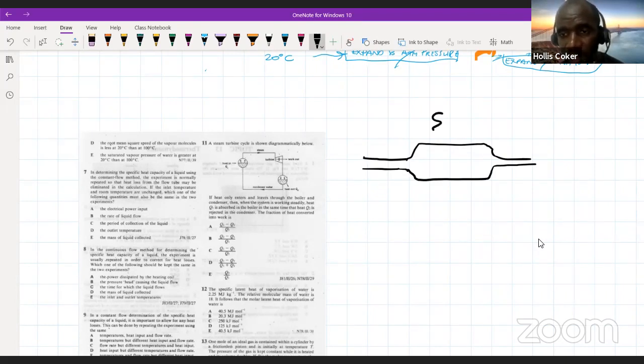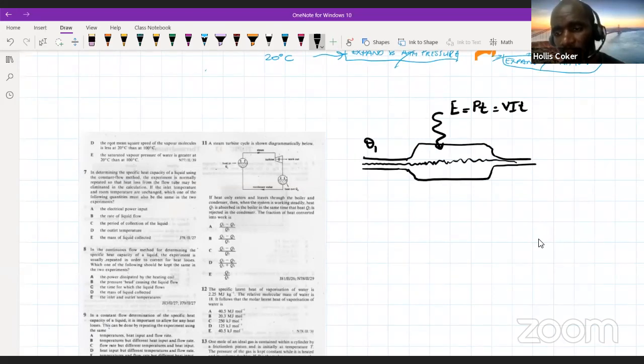So I supply electrical energy in via a heater, which is equal to the power by time, or V by I by T, right? Electrical energy. Water is coming in at a certain temperature, say theta 1. As it is heated, its temperature rises until it leaves at a different temperature, say theta 2.